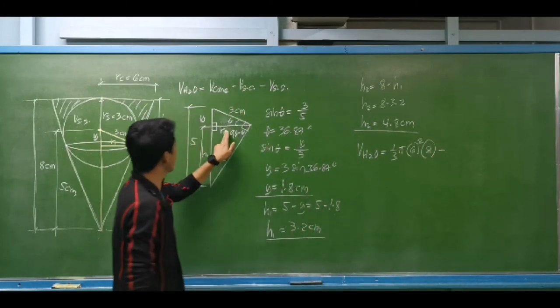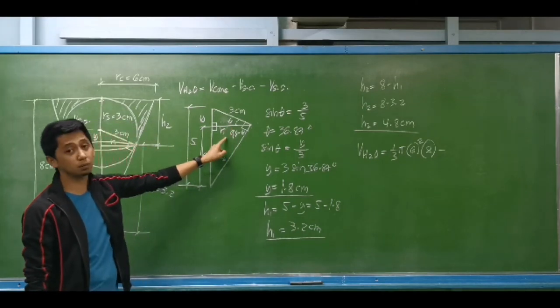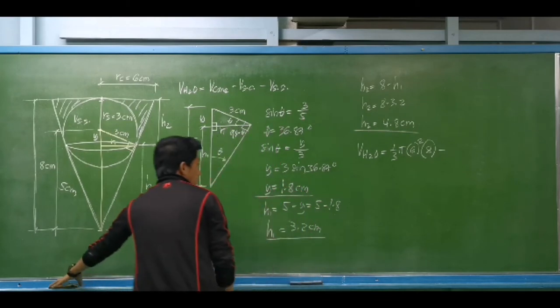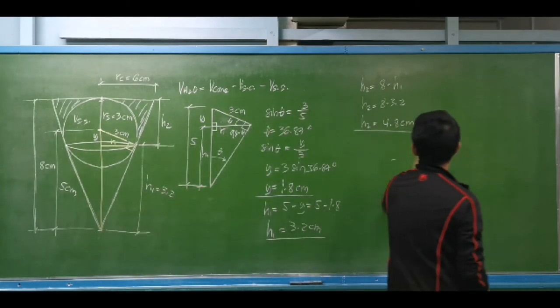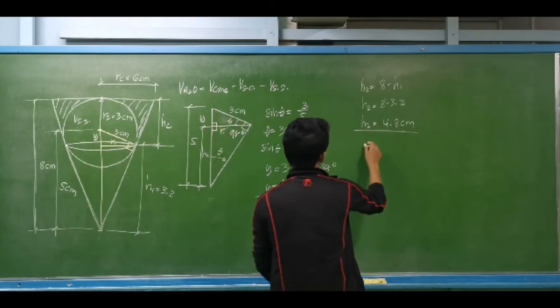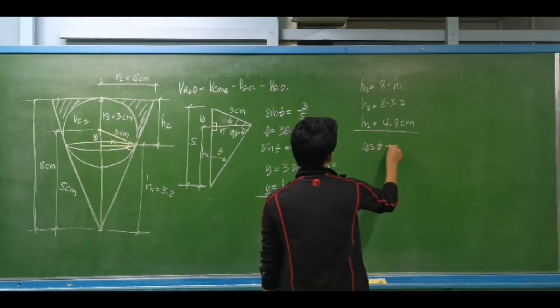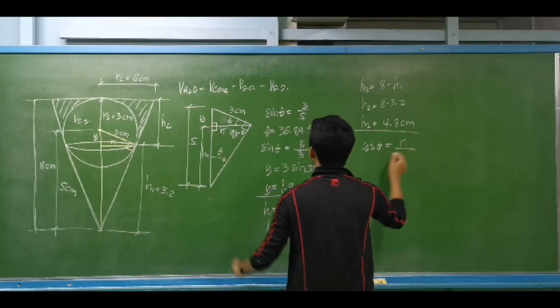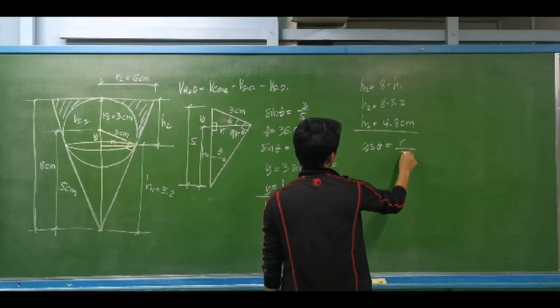Ayun pala, wala pa tayong R1. Paano ko rin si R1? Okay? Kunin natin si R1 bago yung volume ng tubig. So, di ba sa triangle na to, we can use cosine. That is the cosine of theta is adjacent side. That is R1. Hypotenuse is 3.